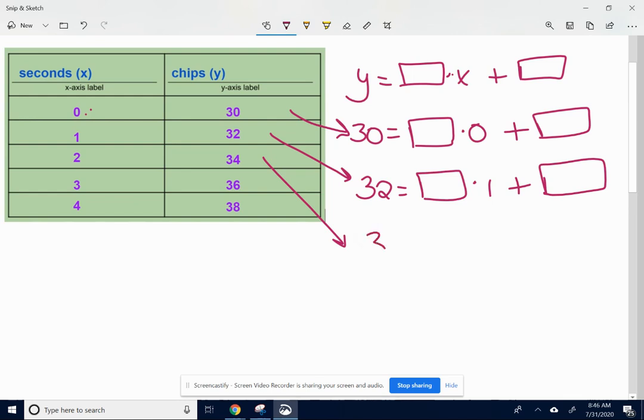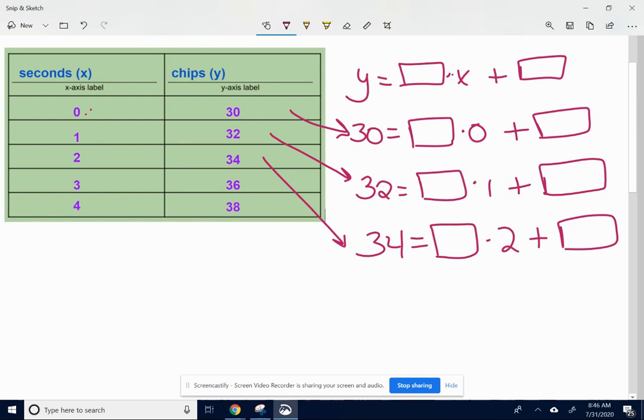My y value of 34 must equal a certain number times the x value that goes along with 34, which is 2, plus something. See, we just want to find two numbers that are always the same numbers that will make each of these relationships true.